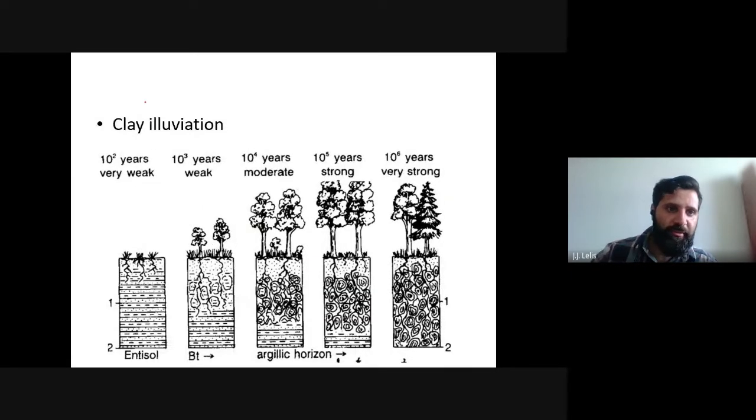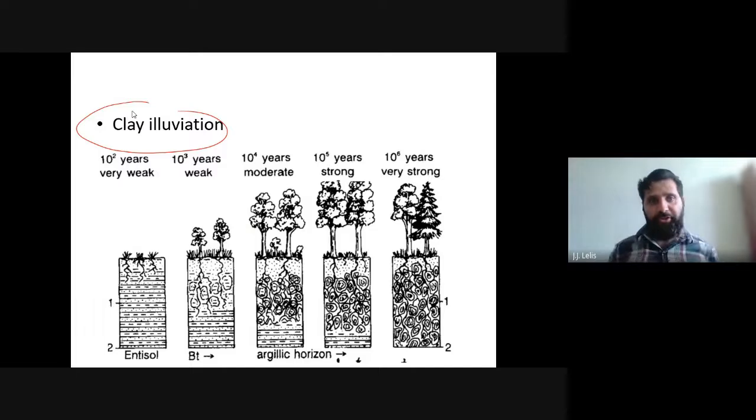Other processes that don't need the precipitation of something, but the migration of clay, for example, clay alluviation, could also take some millions of years.